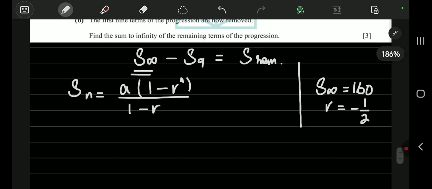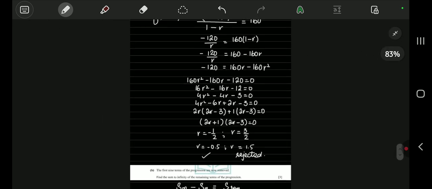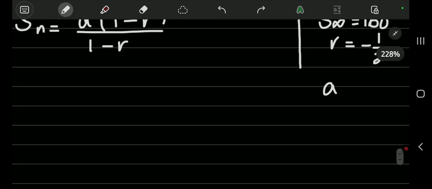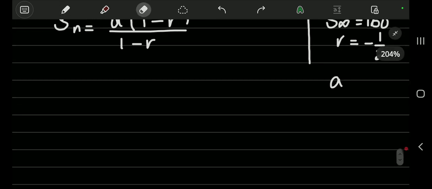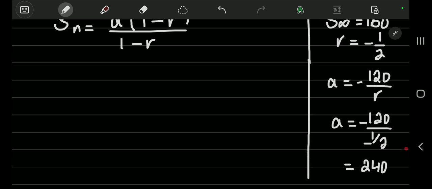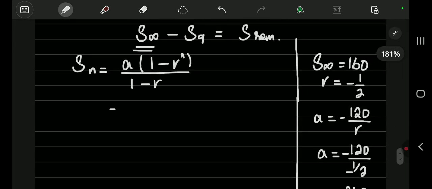We have r, but we still don't have a. So first find a. If you look into the previous part, a is equal to minus 120 over r. So a is equal to minus 120 over minus 1/2, which gives you 240 as the first term.